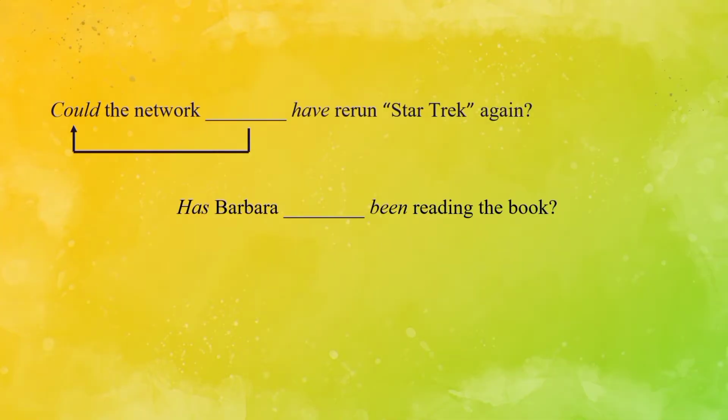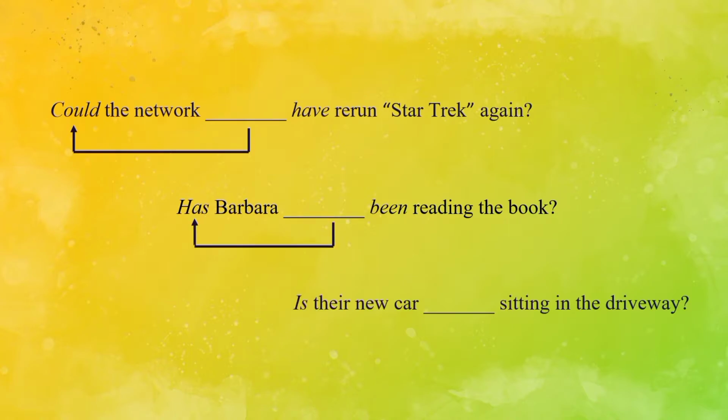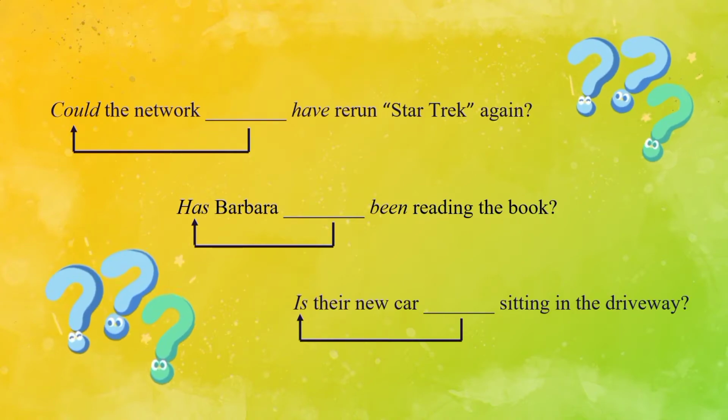Okay then, let's just find out. So, here are the following examples. The first one is, could the network have rerun Star Trek again? The second one is, has Barbara been reading the book? And the third one is, is their new car sitting in the driveway? So, given the questions, what can you observe?